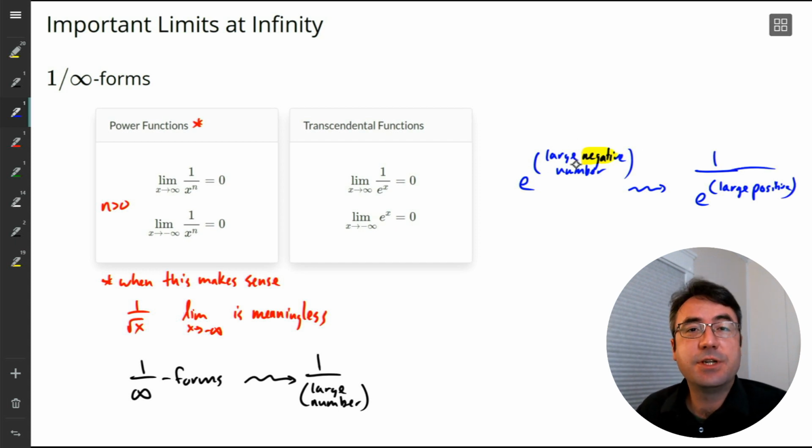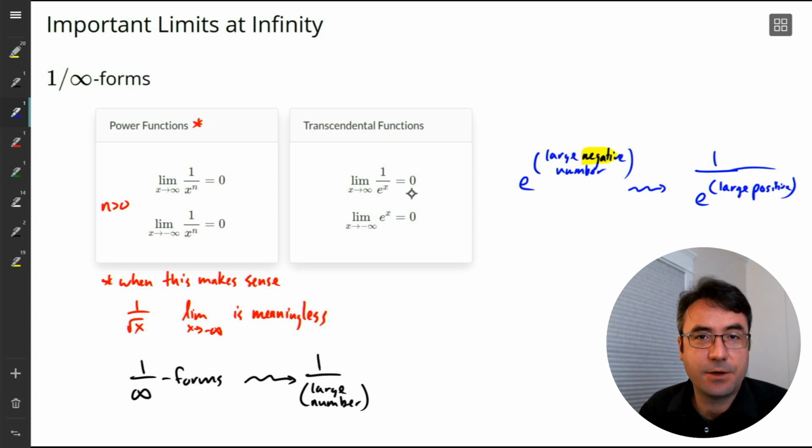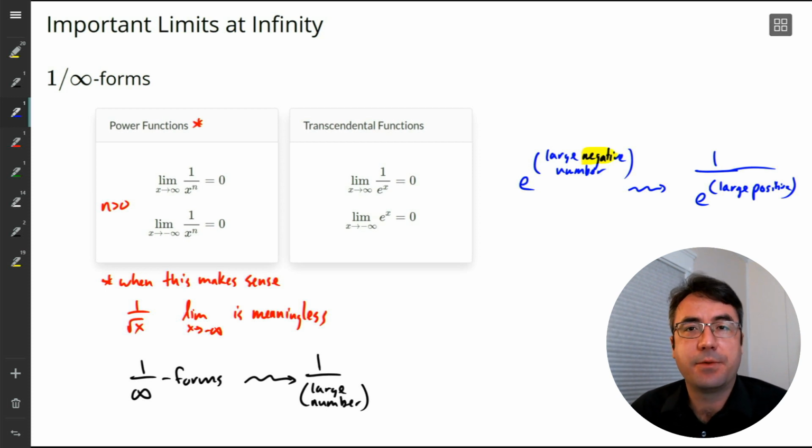So e raised to a large negative is really the same thing as 1 over e raised to a large positive, and we know what that does. It goes to 0. So these are just two common ones that we're going to see. So it's helpful to remember those.